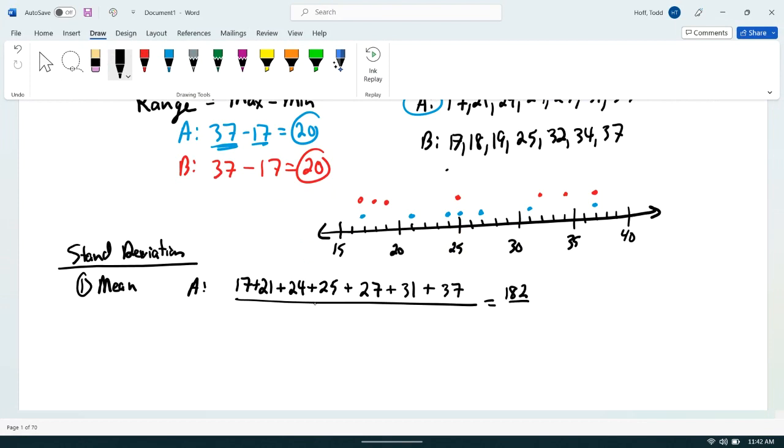There are 1, 2, 3, 4, 5, 6, 7 numbers there, so divided by 7 gives us a mean, I believe, of 26.